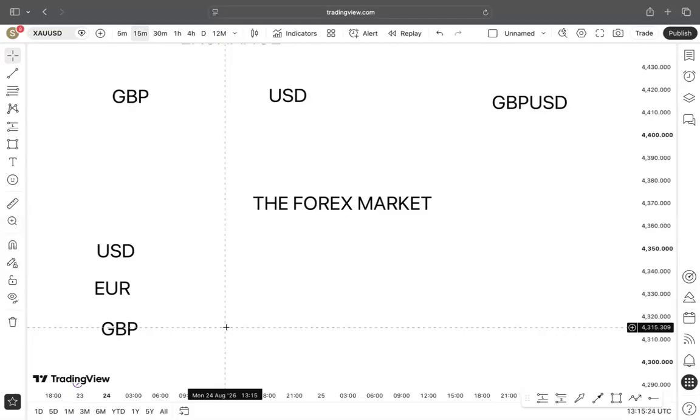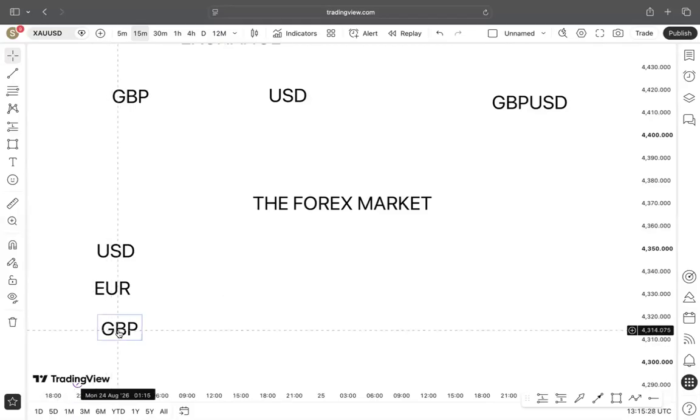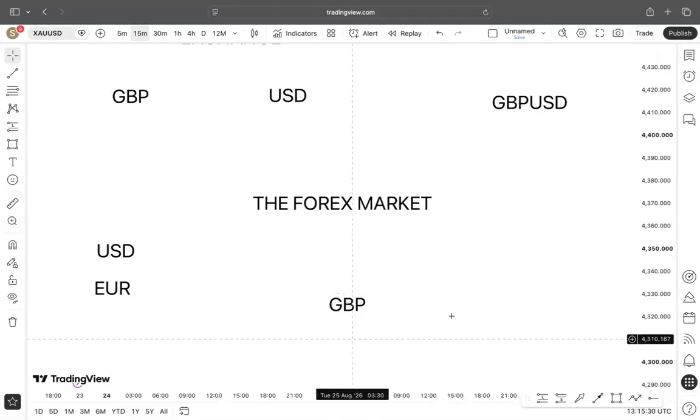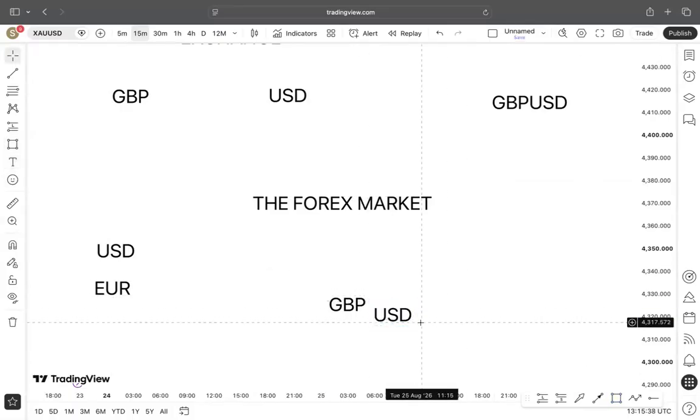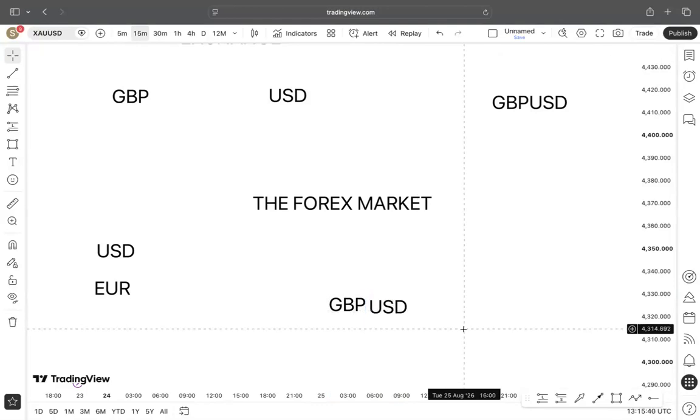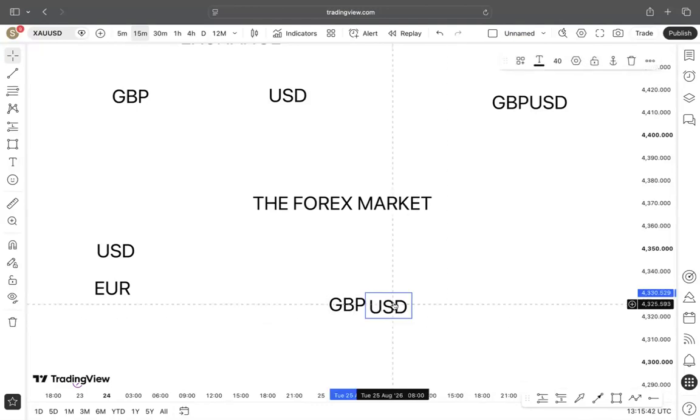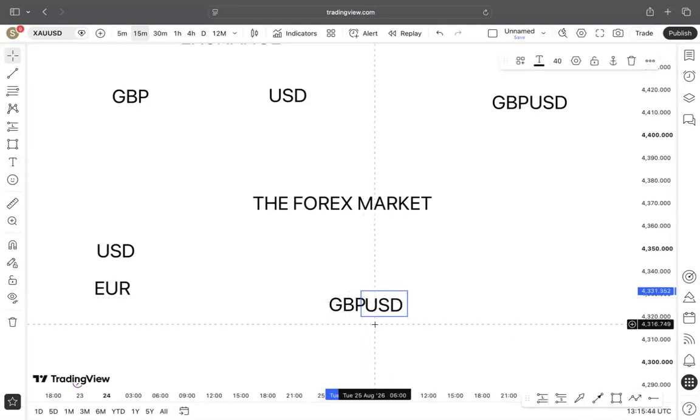Instead, you exchange one currency against the other. So you cannot just start selling only GBP in the forex market. It has to be pairs of currencies like GBPUSD. So if you are selling this pair, it means you are selling the GBP as against the USD.